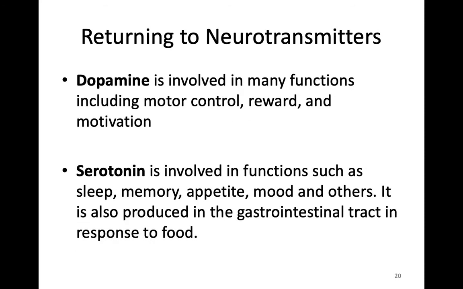Two more neurotransmitters that you may have heard about already, in high school or just living life, but two very important ones, so I'll say a little bit more about them, are dopamine and serotonin. Dopamine is the primary neurotransmitter involved with all kinds of stuff, including motor control, but also feeling reward and pleasure, as well as motivation.